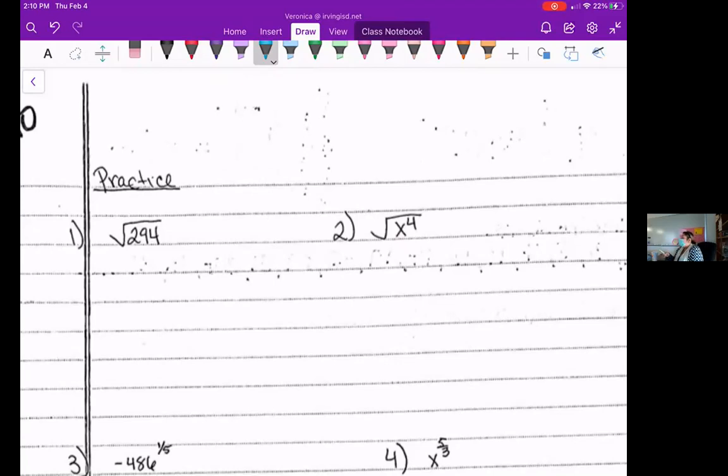So we're gonna start with basics, which to me, in my opinion, is factor trees, okay? So when I do factor trees, I just try to factor out prime numbers, okay?